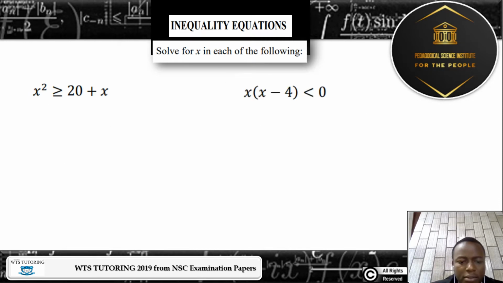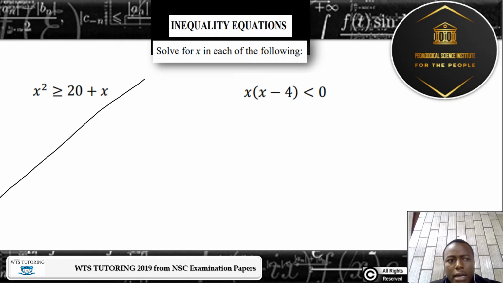Okay, let us now solve this other equation. This one we just solved now. Let us solve this other equation, and we are still on inequality equations. You are given x into x minus 4 is less than 0, right? Now because this is an inequality equation, you first check, can I get the critical values from this equation given?